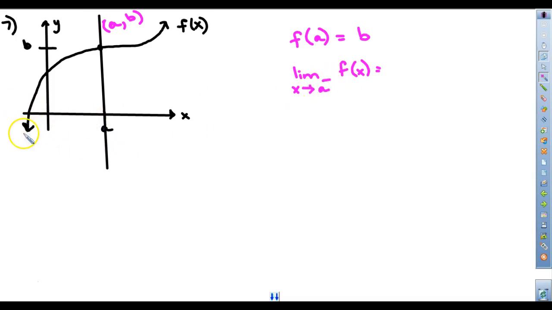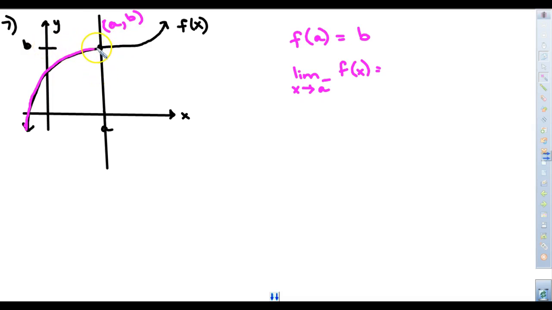It means you're on the left side of a, and as you're coming along and you're trying to get where x is a, so I'm going to trace this graph until I start approaching where x is equal to a. Well, as I approach where x is equal to a, I'm going to ask myself, what y value is f of x approaching?